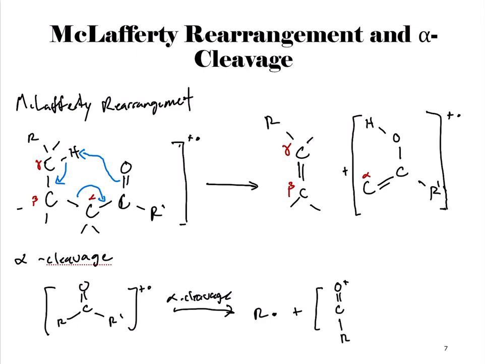So this would be where the alpha carbon is here. We get cleavage between this bond, and that's why we have the R group on its own. And then this has a resonance with having the positive charge on the carbon and the positive charge on the oxygen.